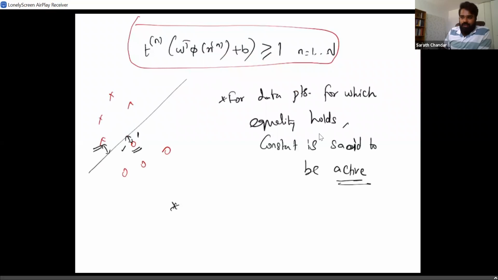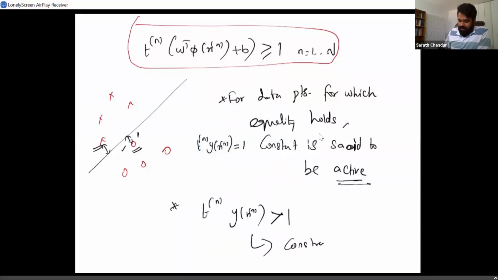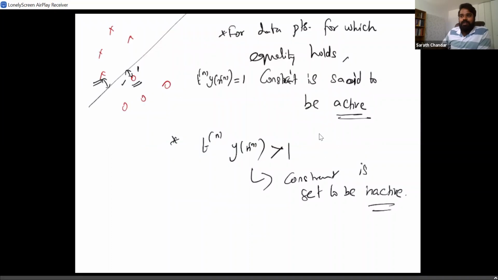For data points for which the equality does not hold, that is, t_n y(x_n) is strictly greater than 1, the constraint is said to be inactive. Sorry, it's constraint, that's my mistake.